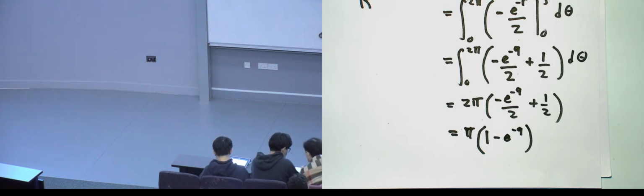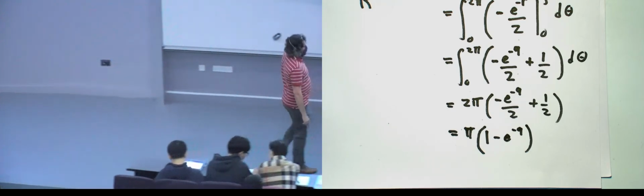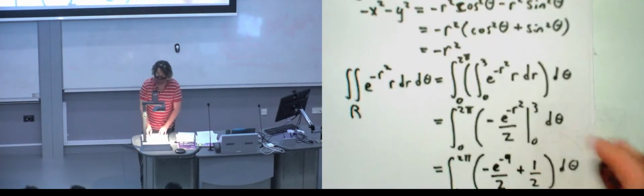Oh, the notation. So I think you're asking about why I put one bracket curved and one straight. That's just the notation that I like to use in order to indicate that I'm evaluating that function between the two limits. So here, I'll show you. The question is about this notation here.